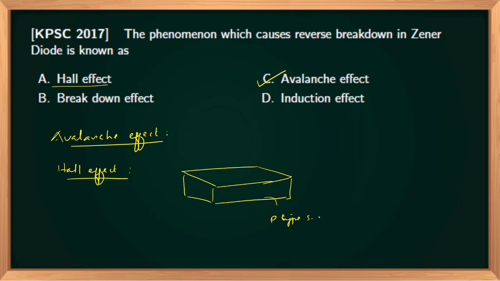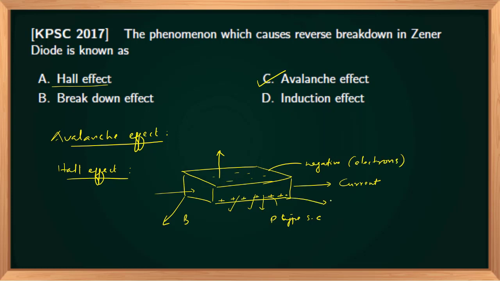Hall effect is another phenomenon. When we apply transverse electric and magnetic field in, say, a p-type semiconductor, if we apply current in this direction and magnetic field in this direction, positive charges accumulate on the lower bottom plate and negative charges, electrons, accumulate on the upper plate. Here we have holes, positive charge.